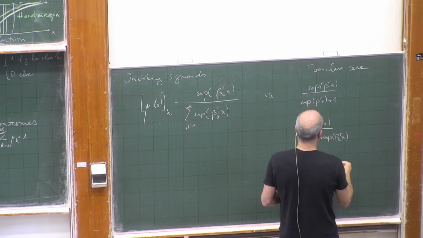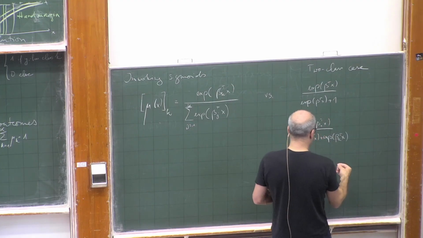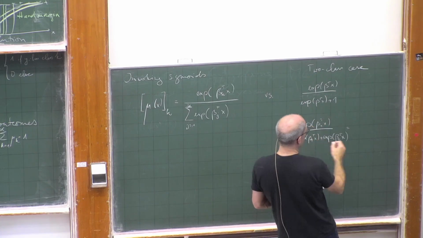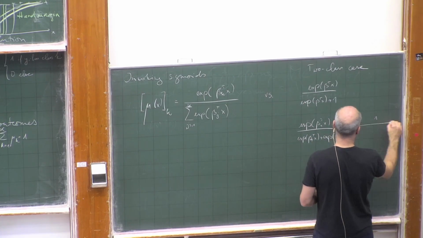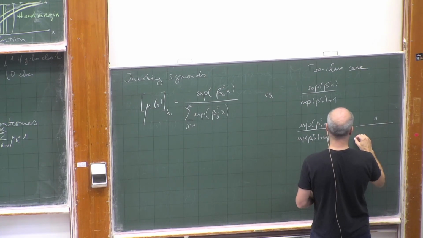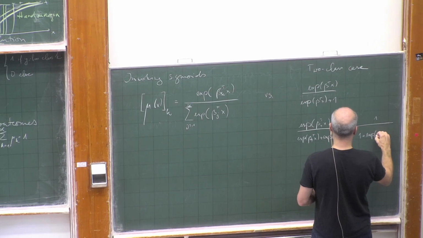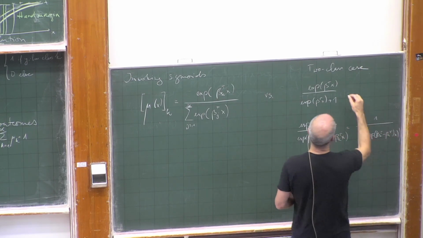And then I can divide by the numerator here. Then we get 1 divided by 1 plus e to the (b2 transpose minus b1 transpose) x.